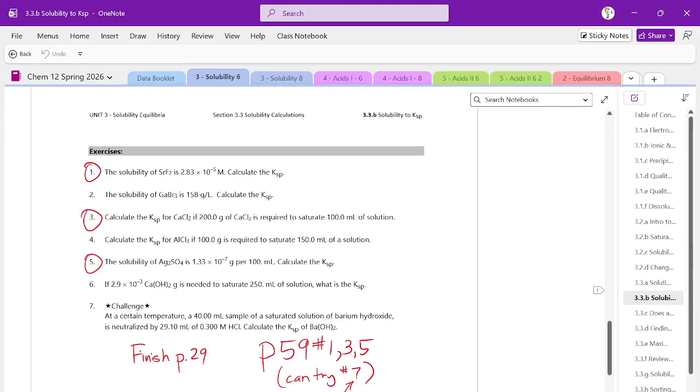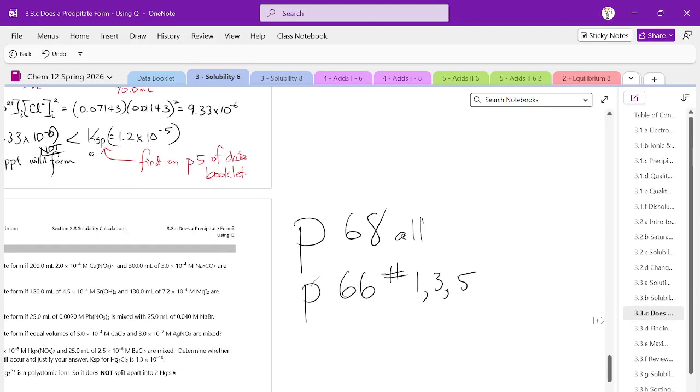Page 59, numbers 2, 4, 6. In fact, let's not do all of 68. Let's do 68, number 1 and 3. There we go.